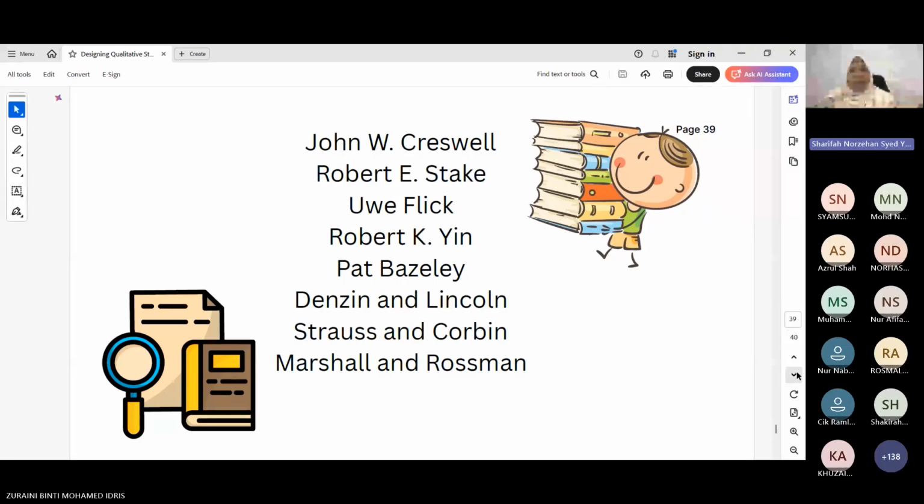But at the end of the day, the books that really helped me with my qualitative are Creswell and Robert Yin, because I am using case study and blending it a little bit with phenomenology. And I use Pat Beasley because of the NVivo that I'm using. So basically these three are the ones that actually helped me a lot. The rest is just my reading to understand what qualitative research is all about.